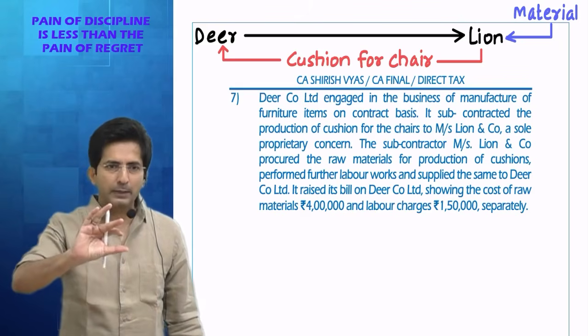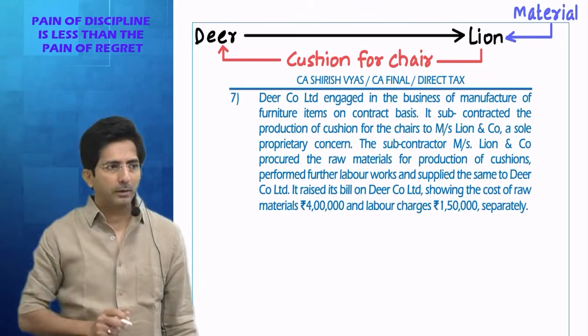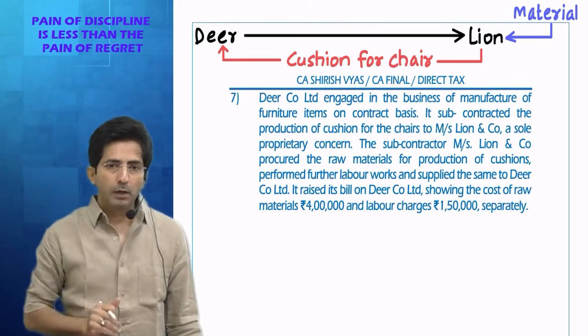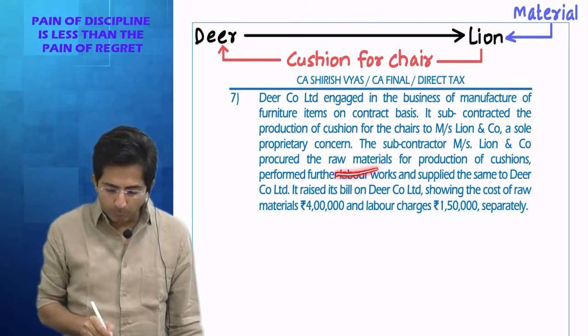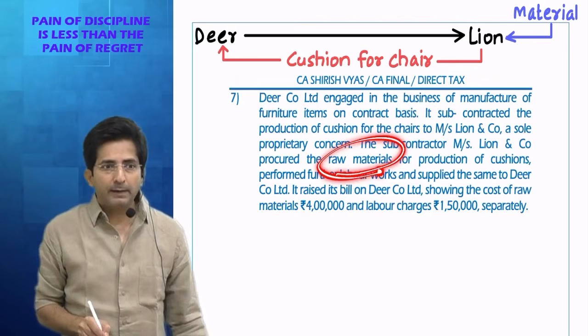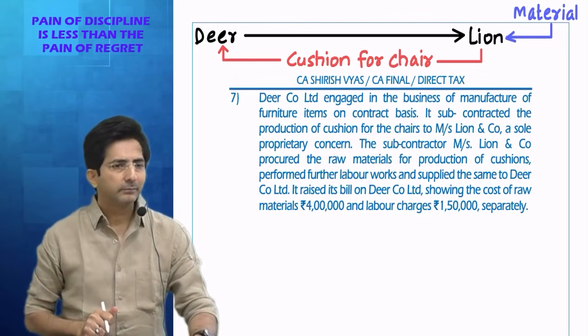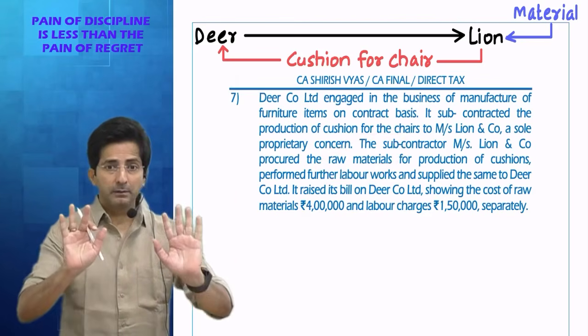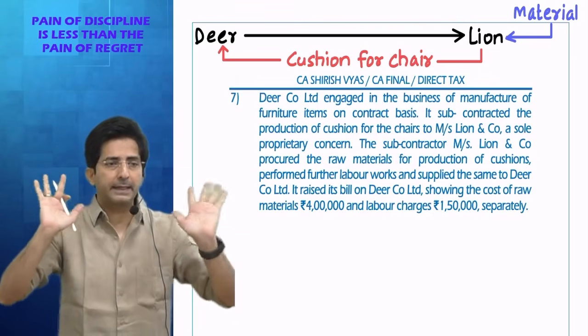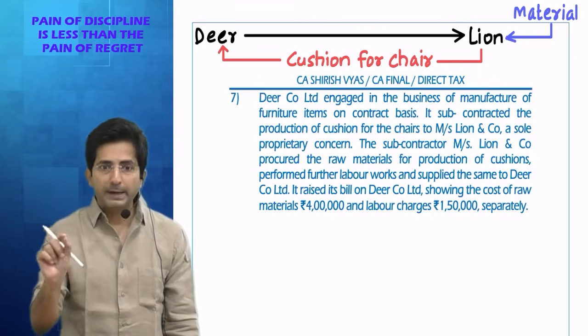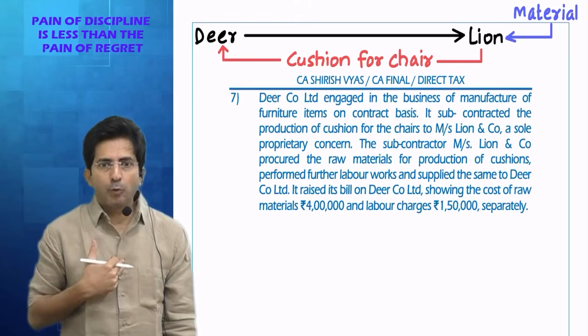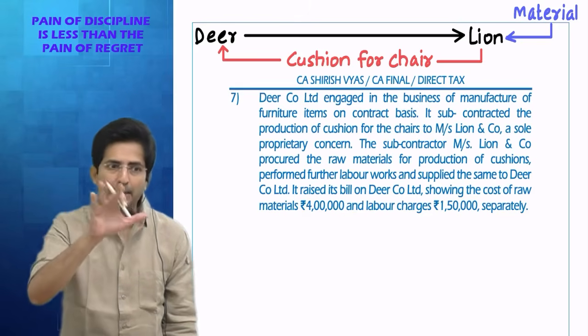Still, if a student argues, it is better you write a note. By chance, if a student writes a note, assuming this raw material was procured by Lion from Deere only, then it's a job work subject to works contract TDS. If you want, you can write a note, and as per my opinion, you should get the right answer for that also.